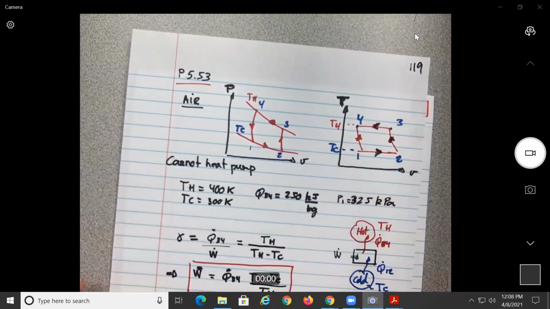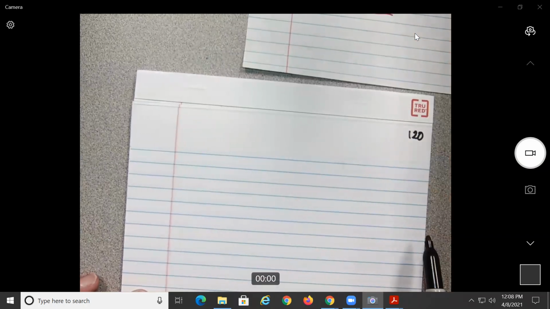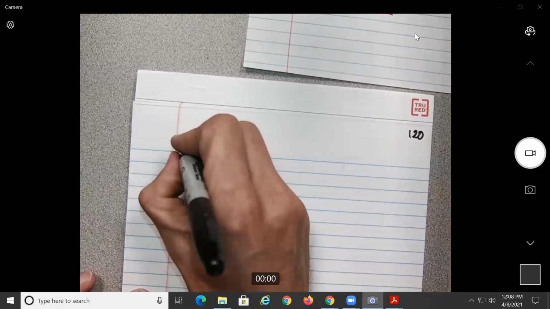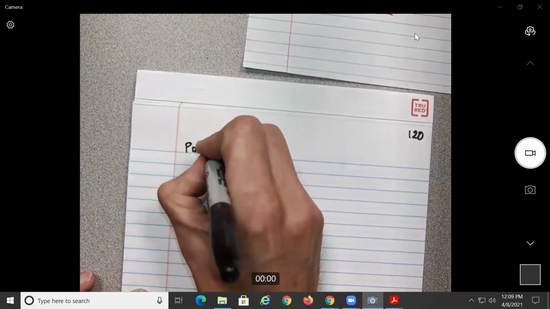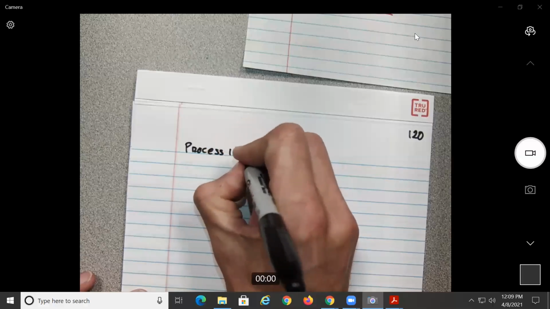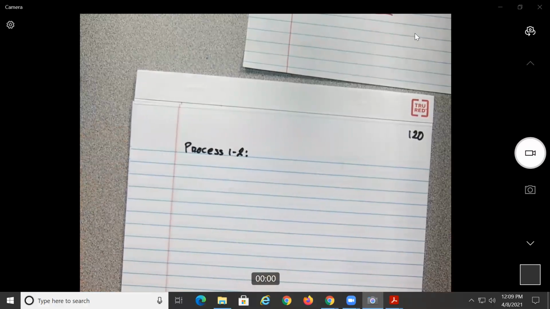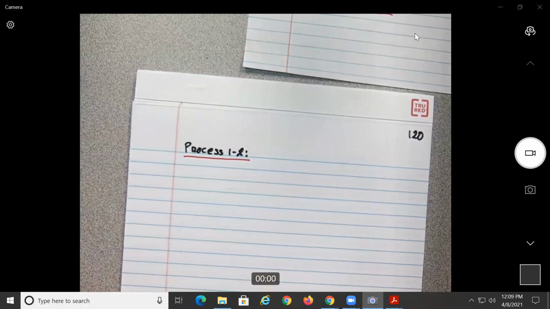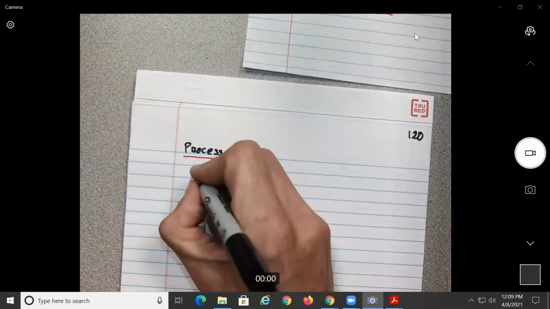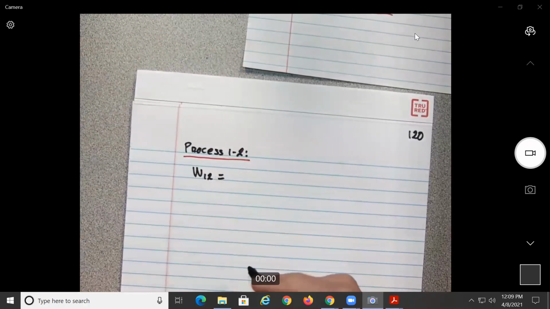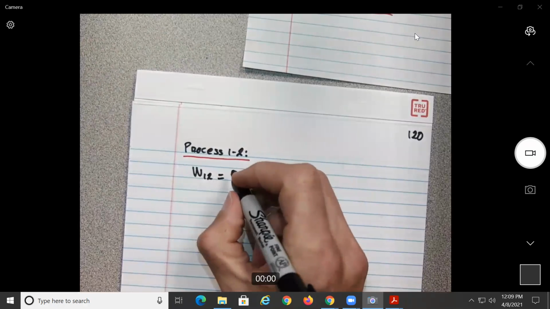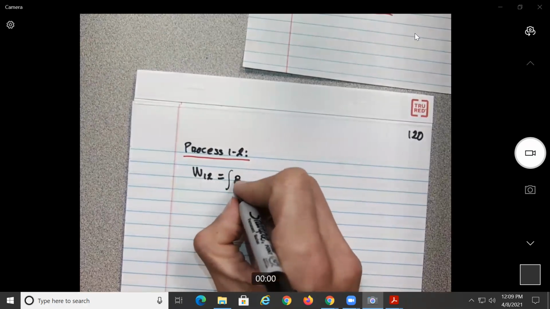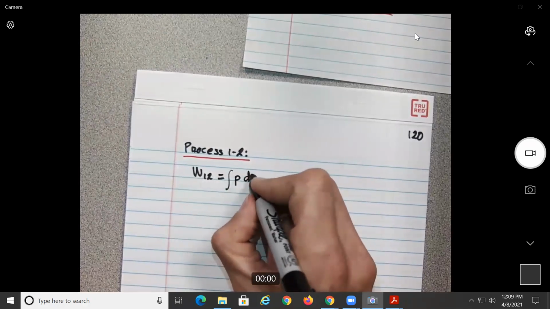Okay. So anyway, so what we're doing is for process 1, 2, we know that the work for 1, 2 per unit mass will be equal to P, I mean, we can do volume, would be PdV.